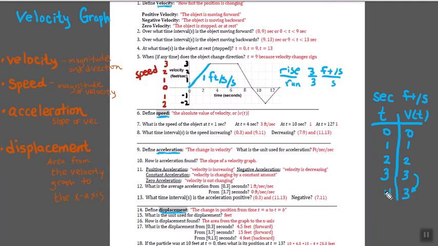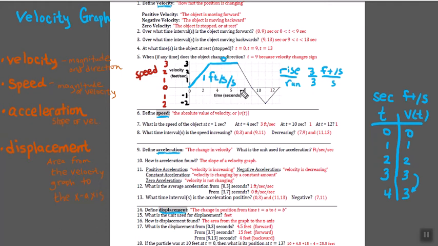That's why the velocity right here from 3 to 7 would be constant. So the velocity is a constant 3, meaning that your slope would be 0, meaning that your velocity just is not changing. So you just figure out the slope, and that will be your acceleration unit.